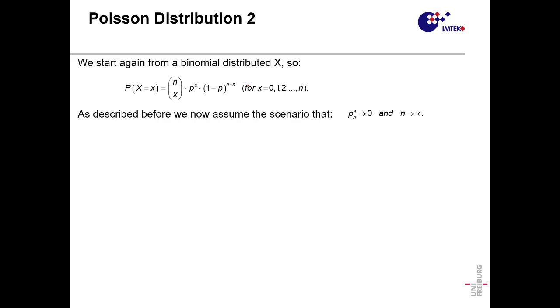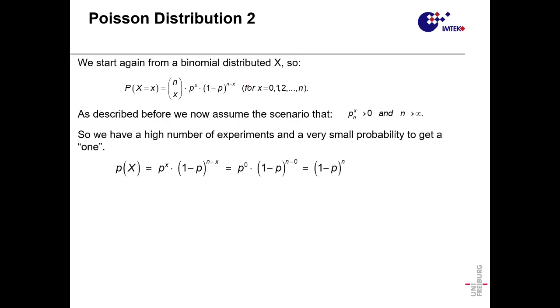So, a very low probability and a very large number of repetitions of the experiment. There is a very small probability to get a 1, for example. So if there is a very low probability to get a 1, such that the probability directly tends to be 0, then we can replace it directly with 0, right?